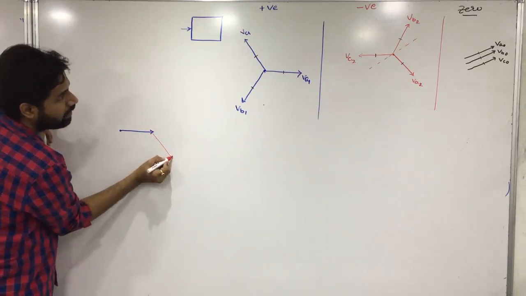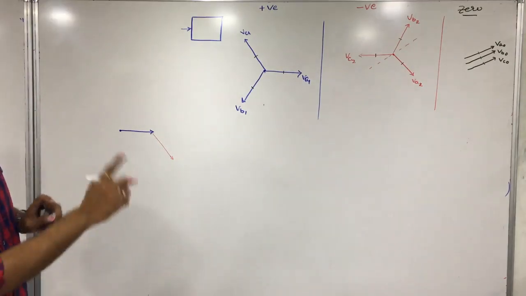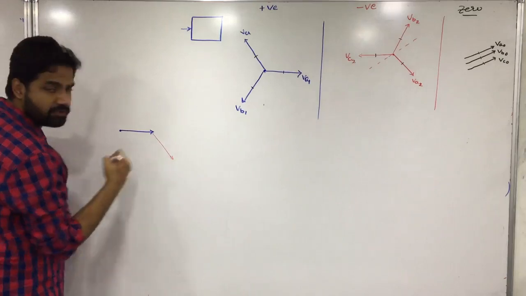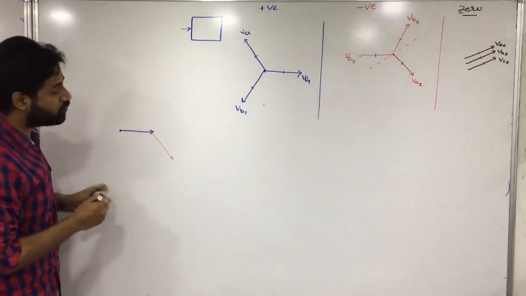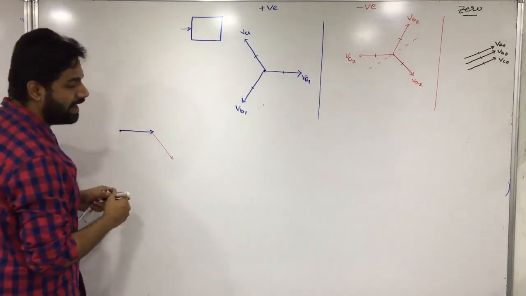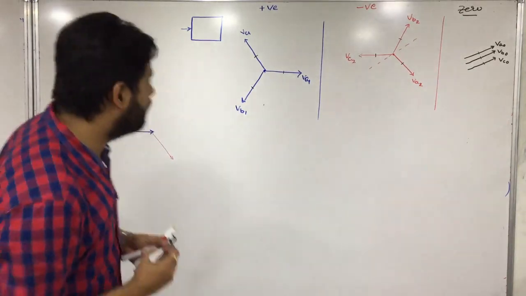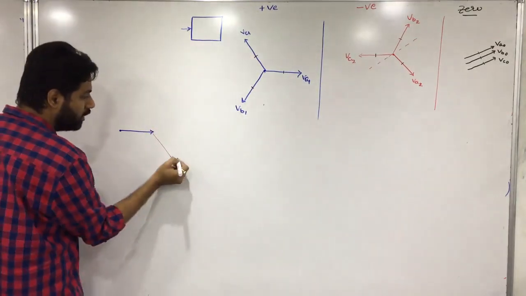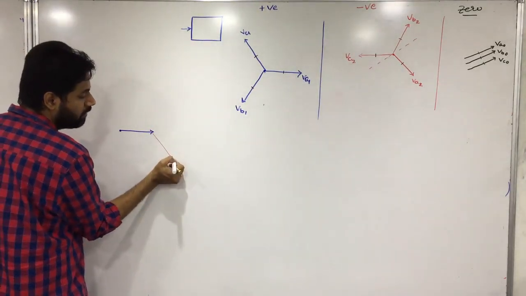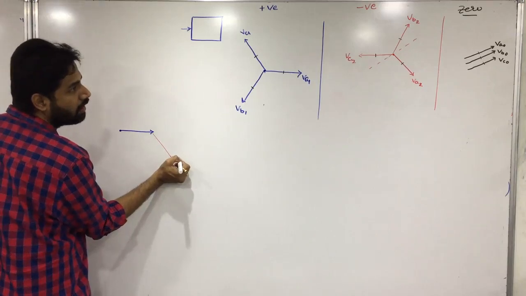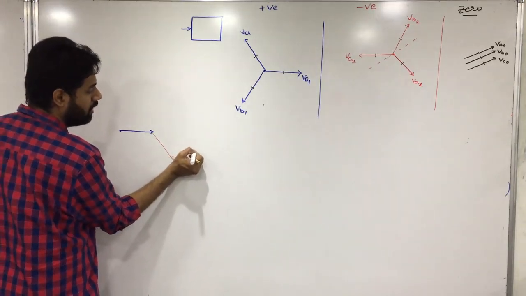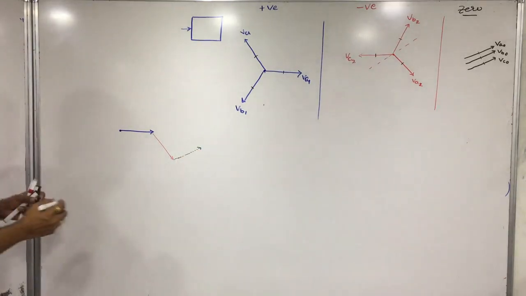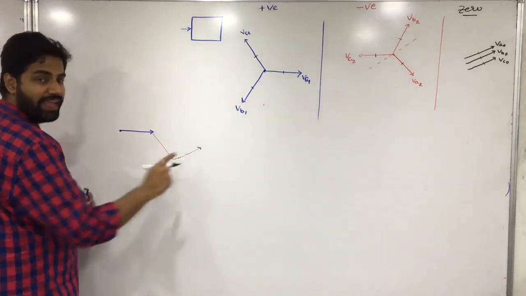Are they parallel? Yeah, it is a bit parallel. Okay, so this is my VA2. Fine, and VA0 is what? It is like that. It should again be parallel to that because it is vector addition. Clear हुआ कि नहीं हुआ? Fine. So this is my VA1, VA2 and VA0.